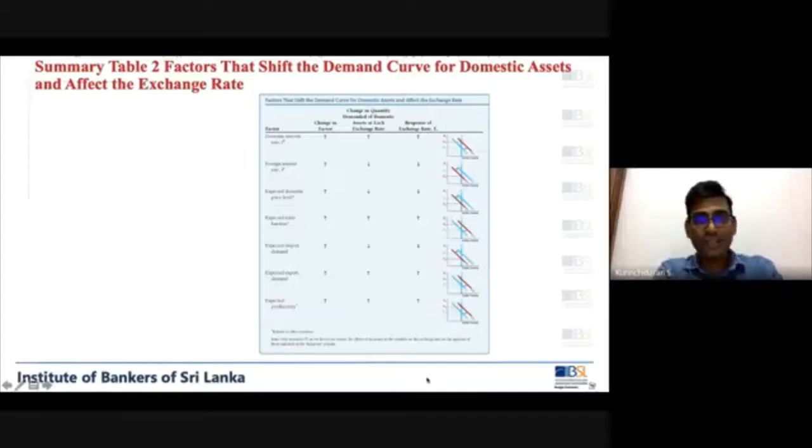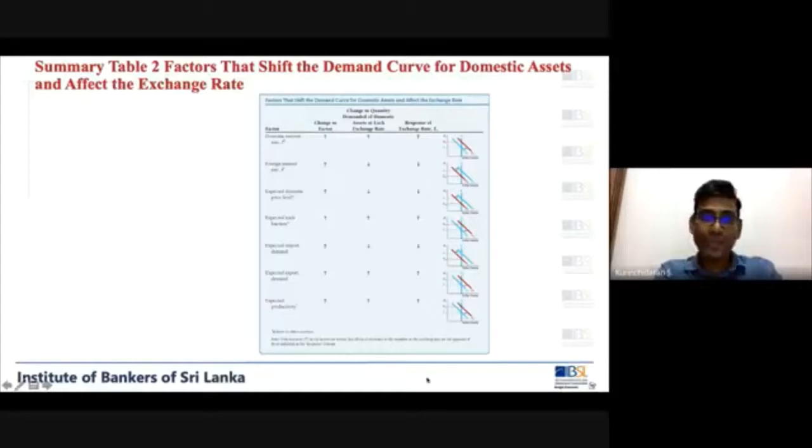See the factors. First one, what will happen to the exchange rate when the domestic interest rate increases? That means ID. We have discussed this one. When the domestic interest rate increases, then definitely the demand for the domestic assets is going to increase.